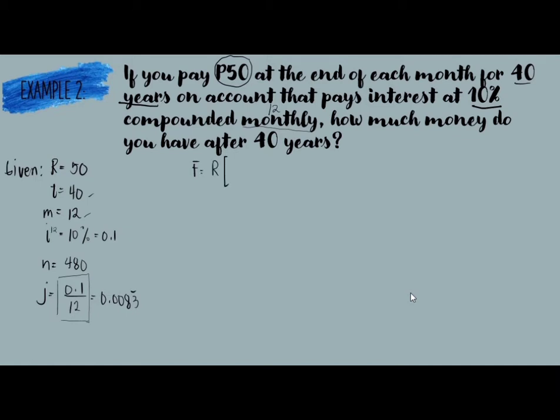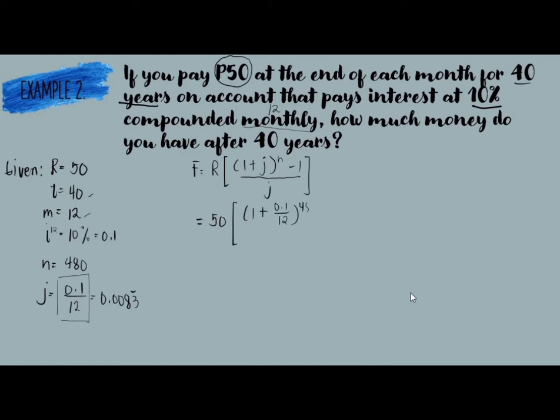Okay, so sulat ko lang yung formula. So, 1 plus j raised to n minus 1 over j. Okay, so yung regular payment natin, that is 50 times 1 plus j. Ang j is 0.1 over 12 raised to n.